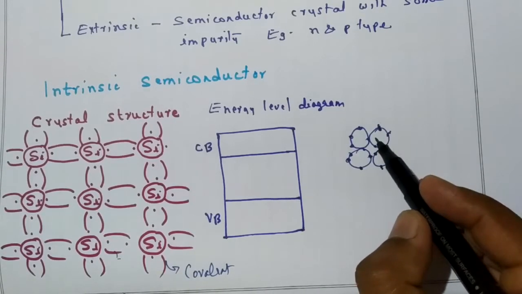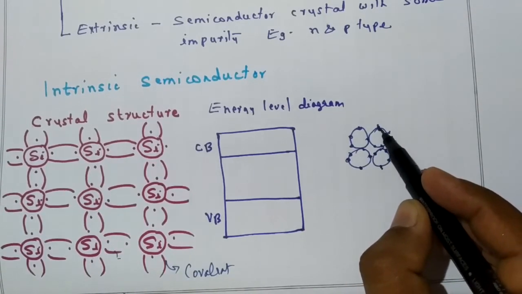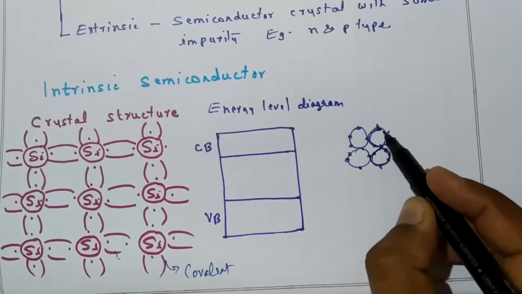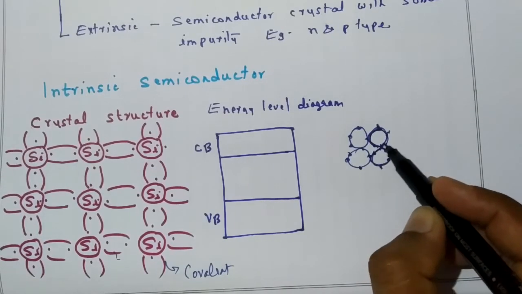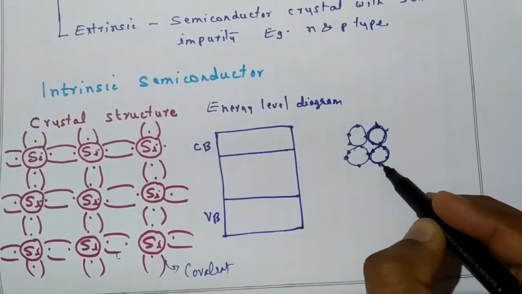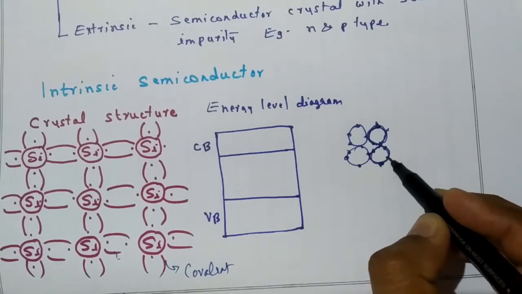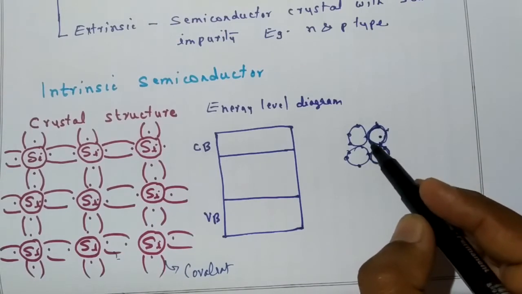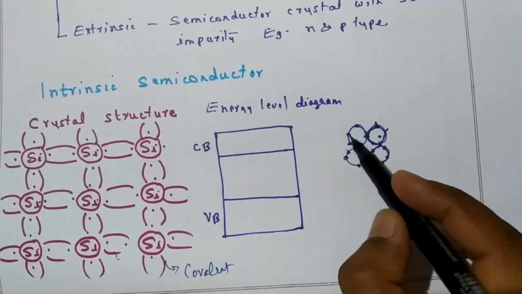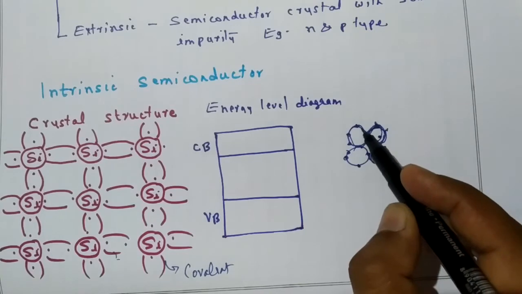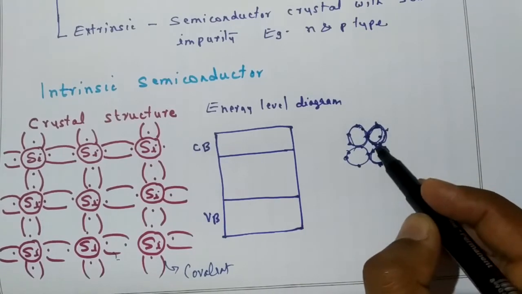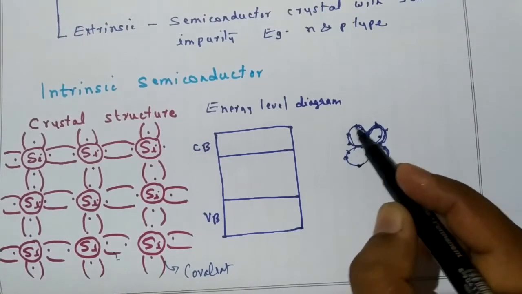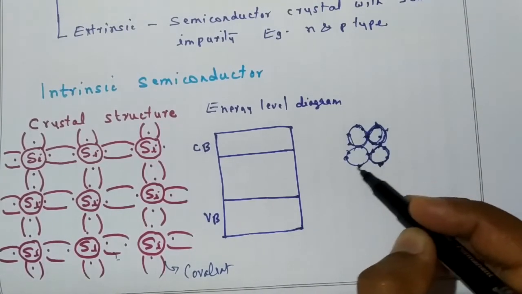Since there is bonding, this valence electron goes like this, and like this. Similarly, one electron from this atom also will go around this atom, similarly one from here, another from here, and similarly here also.